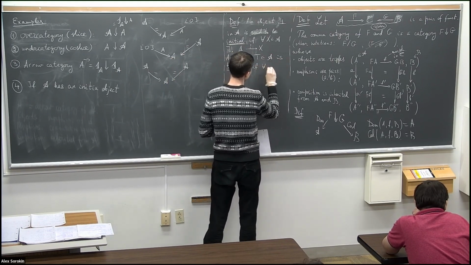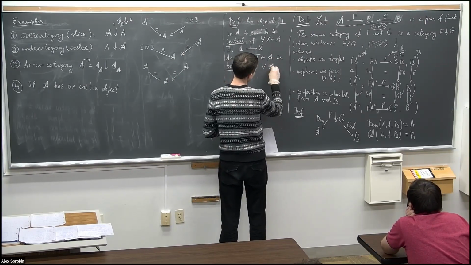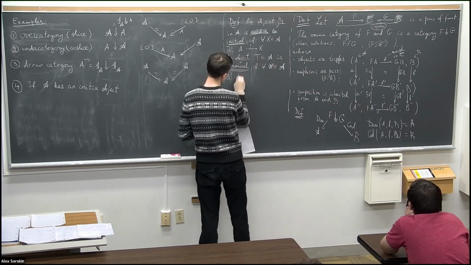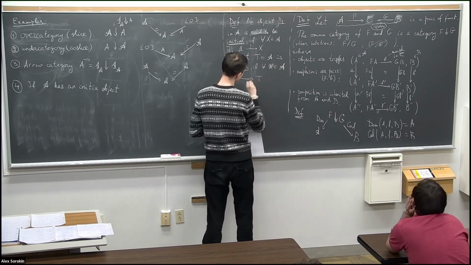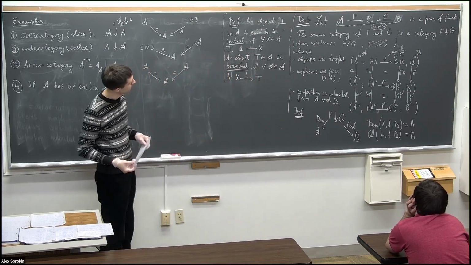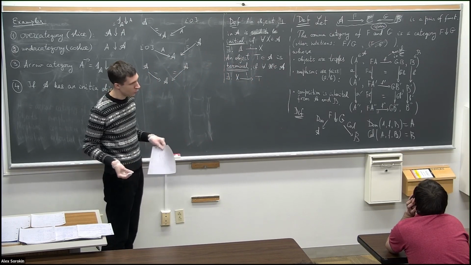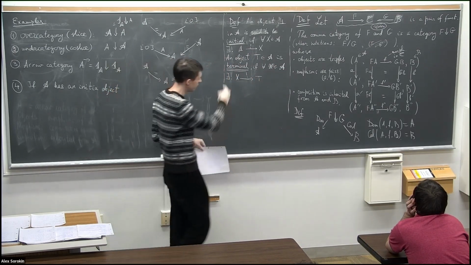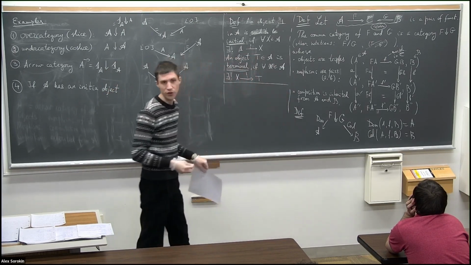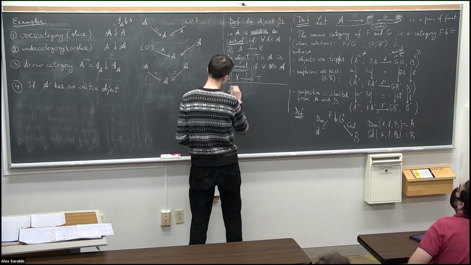For every y in A, there is one arrow x to top. That is the definition. If you want to say functorial, this means what? A.